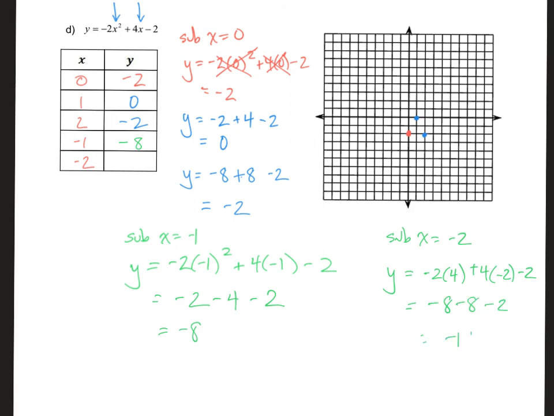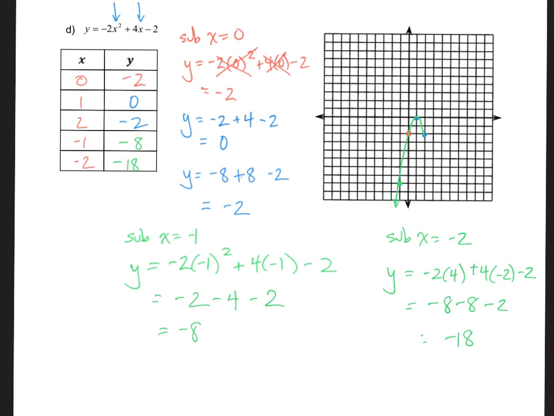And we calculate that one, and that is going to get us way down there at negative 18. So if I plot my last 2 points, I have a point at negative 1, negative 8. I can't plot the point at negative 2, negative 18 because it's way off the grid, but it gives me an idea of the curve. So maybe I can see this pattern developing.